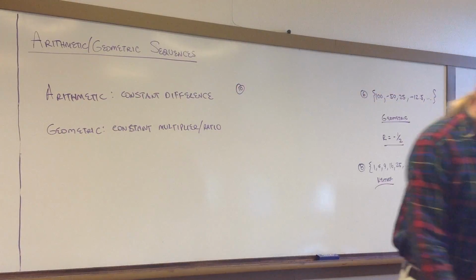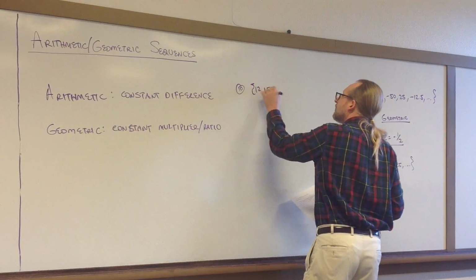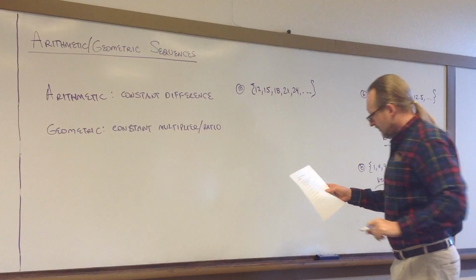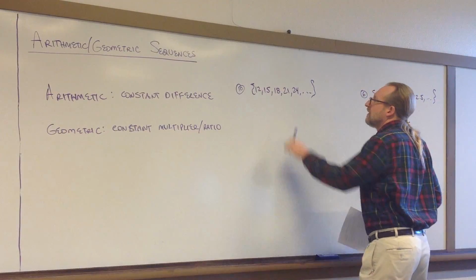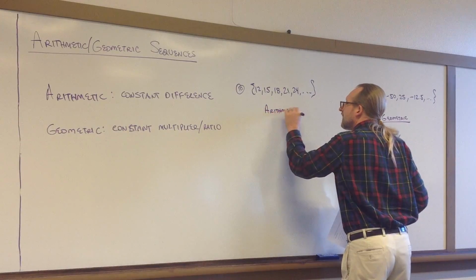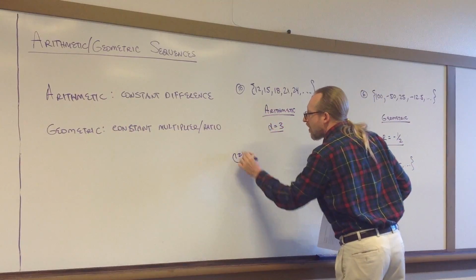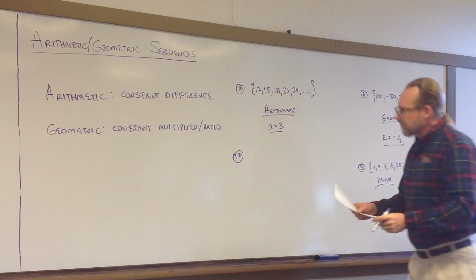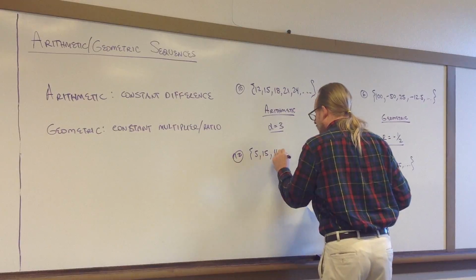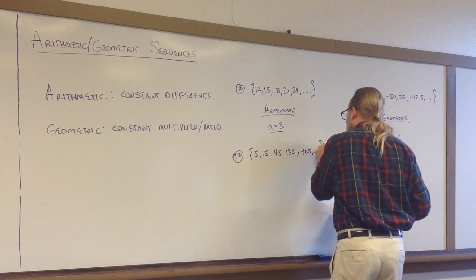Problem 10, 12, 15, 18, 21, 24. That one looks like a times table, and we've got a constant difference of 3. So this is an arithmetic sequence with d equal to 3. Problem 12, 5, 15, 45, 135, 405.